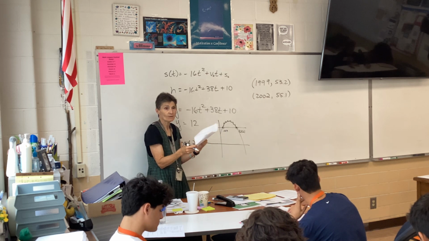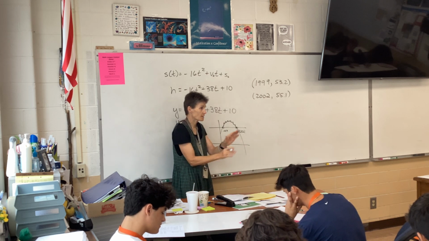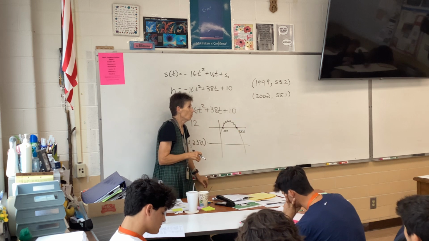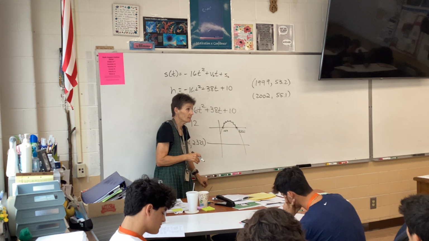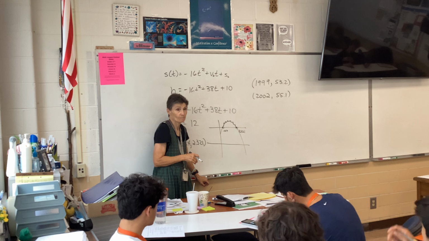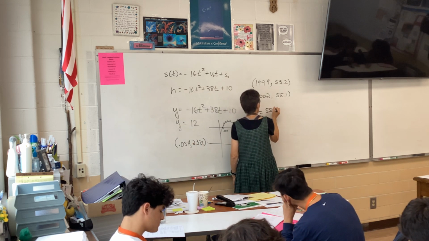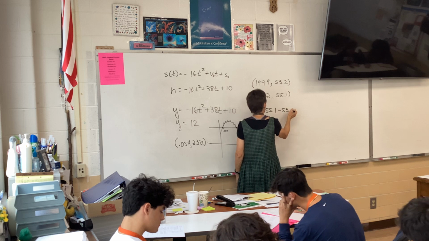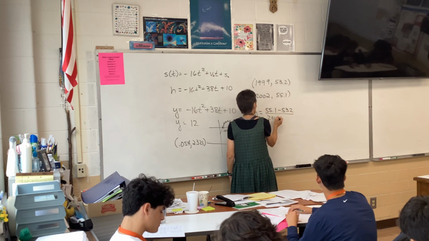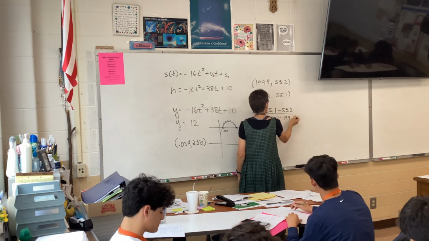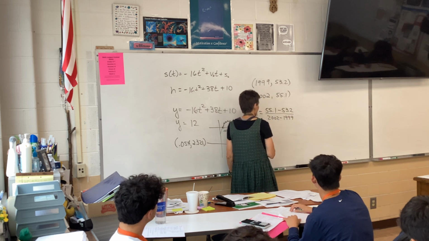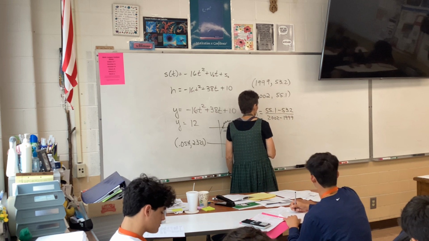Write a linear equation, so let's just stop right there. What do we need to write a linear equation? Slope. So slope will be 55.1 minus 53.2 over 2002 minus 1999. Is that okay with everyone?